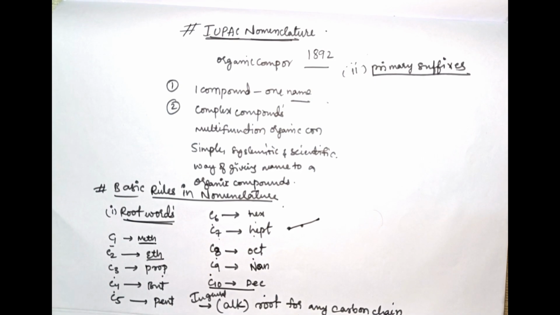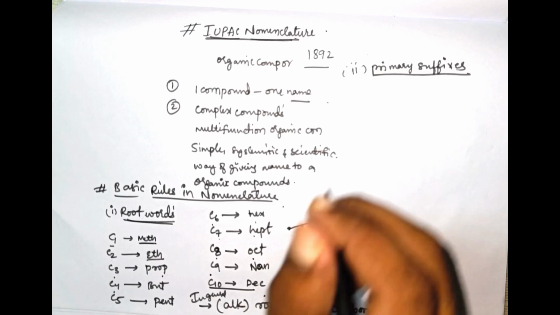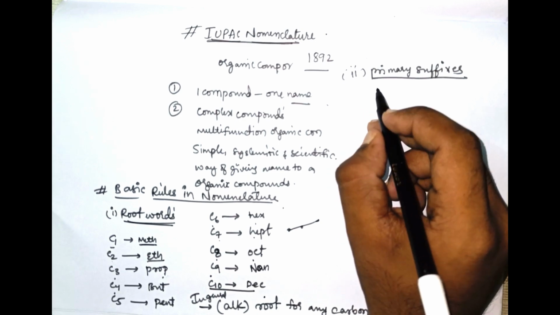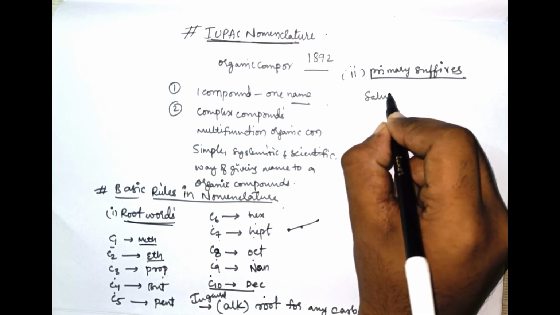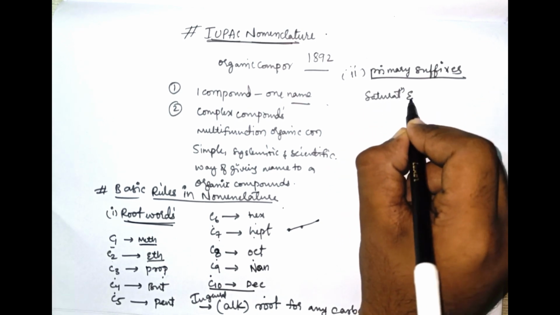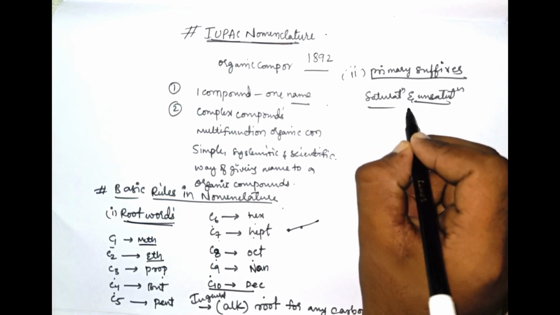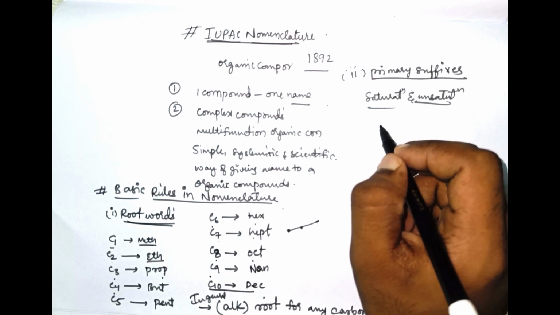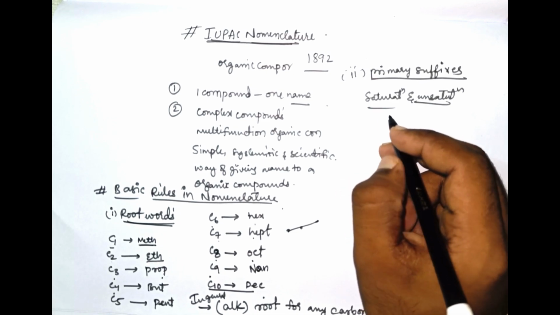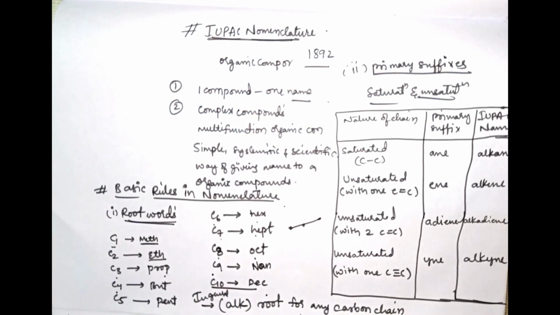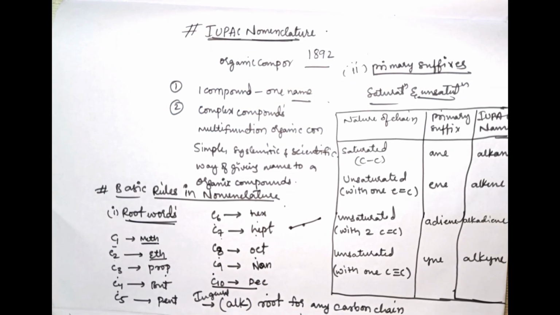This primary suffix is something that tells about saturation and unsaturation. Let me give it to you in a tabular form. So this is the table which I have been telling about.